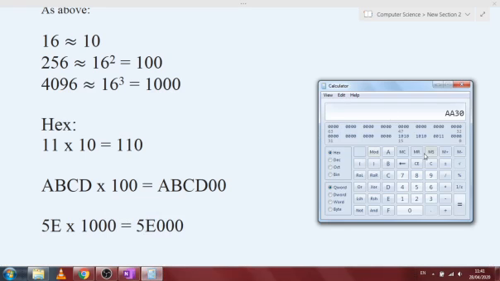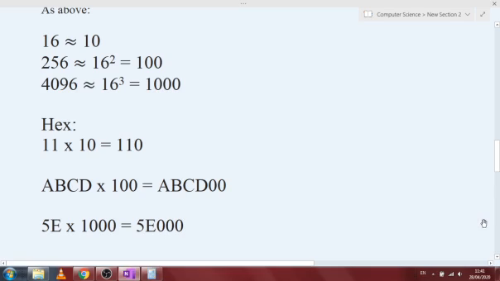Again, let's take a quick look at this on our calculator. If we go to hex, we have 5E, so we could convert that to decimal, which would be 94. We could multiply it as they asked us by 4096. So in decimal, that's what this is. Then we convert that back into hex, and we would have, just like we have here, 5E and 3 zeros.